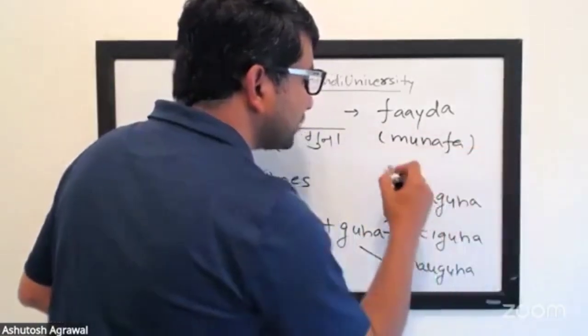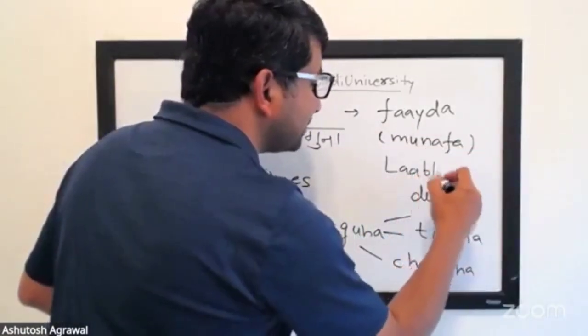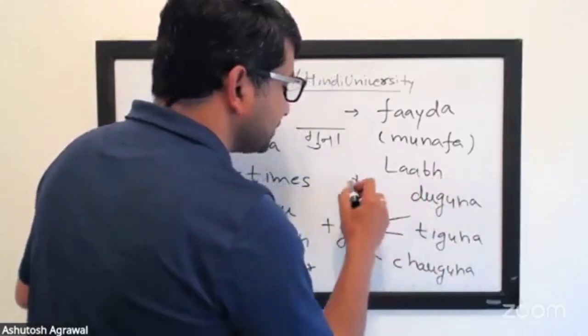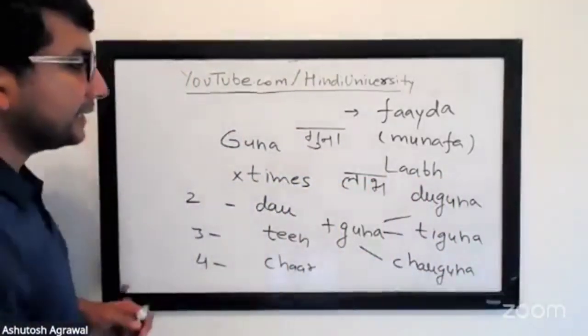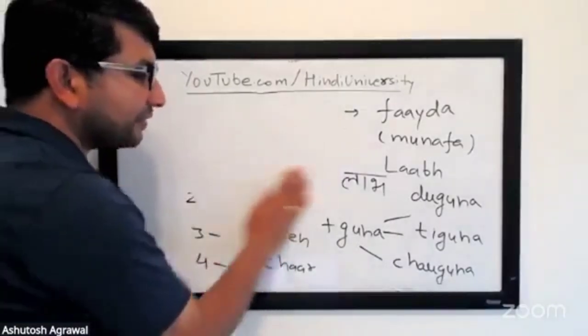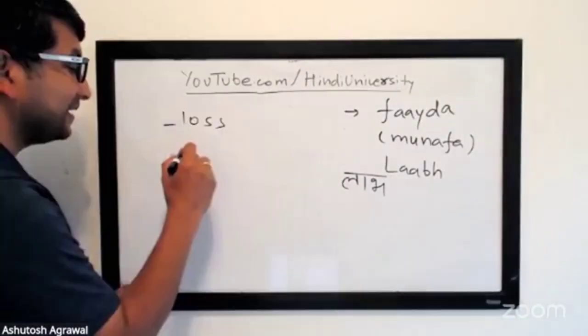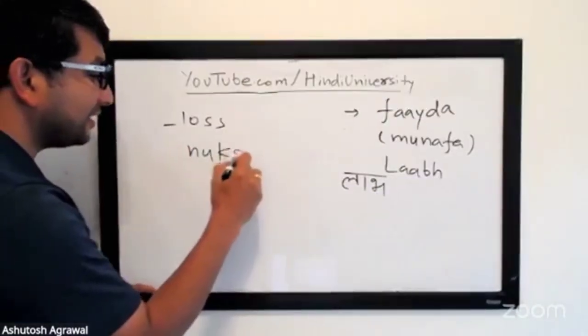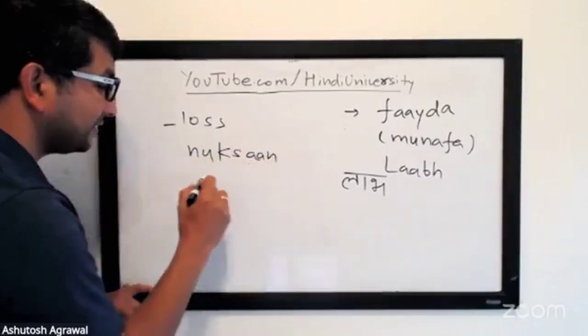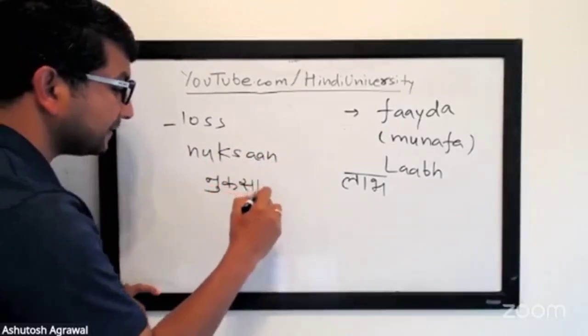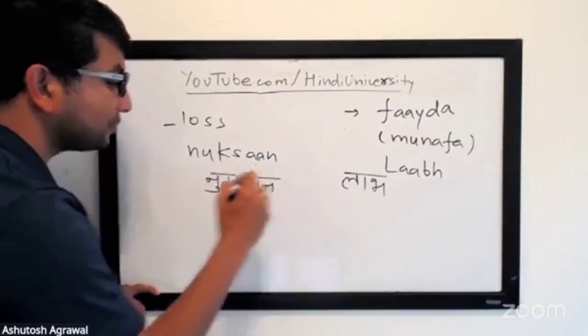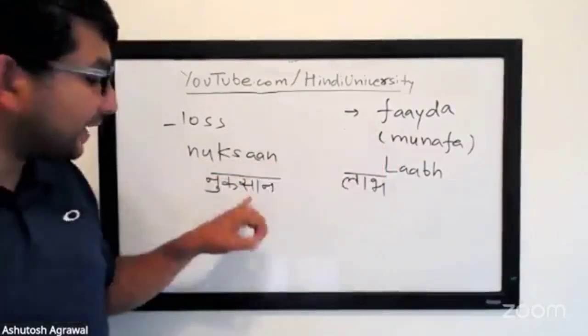Or you will also hear the word labh. Let's take the opposite of it. Loss in Hindi is nuksan, with na, u, k, sa, and then na. So you have faida and you have nuksan.